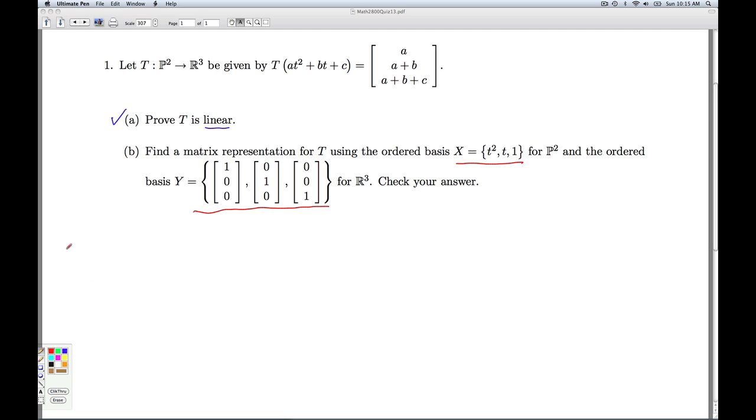Okay, so in general, how does this work? I have a basis x for the domain, and in this case it's a three-dimensional domain, so I have three basis vectors. The way I make the matrix that takes representation from x coordinates to representation in y coordinates is I'm going to take T of each of the basis vectors in the domain and express them in y coordinates.